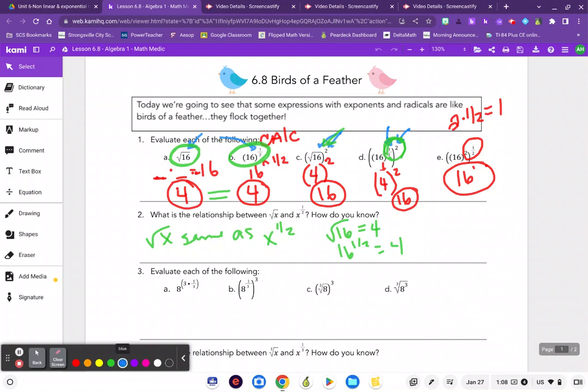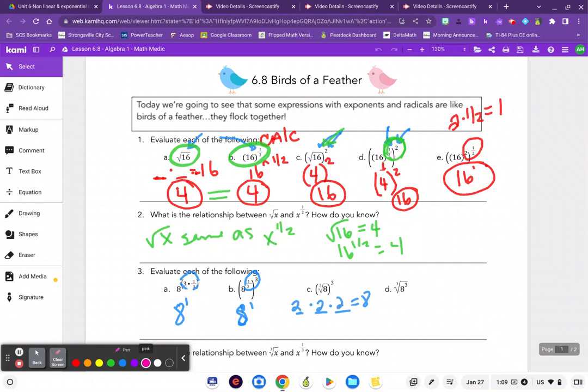Evaluate each of the following. All right, so I've got some exponent properties. 3 times a third is 1, so I have 8 to the first. Exponent property, multiply those exponents. A third times 3 is 1, so I have 8 to the first. All right, cube root of 8 cubed. Cube root of 8 means I need a number times itself 3 times to give me 8, and that number is 2.